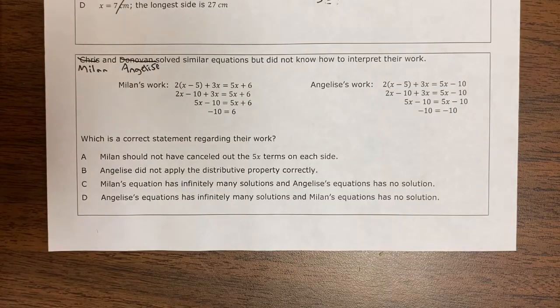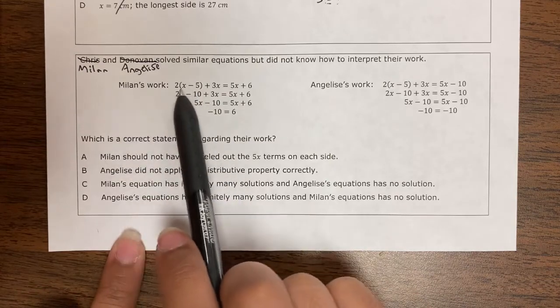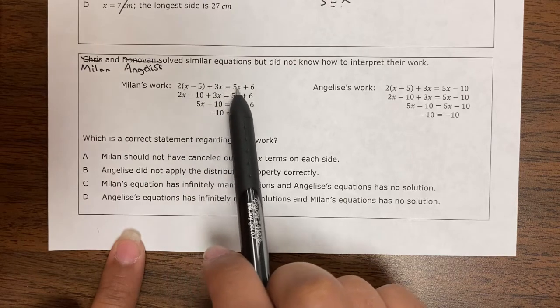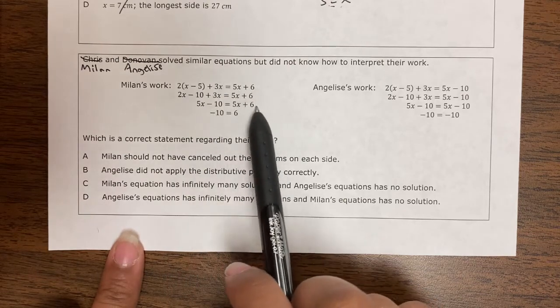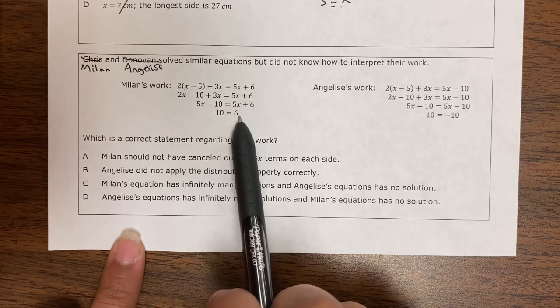So our last question. Milan and Angelise solved similar equations but did not know how to interpret their work. So let's look at what they got. Milan started off with 2 times x minus 5 plus 3x equals 5x plus 6. As he solved, he ended up getting negative 10 equals 6.